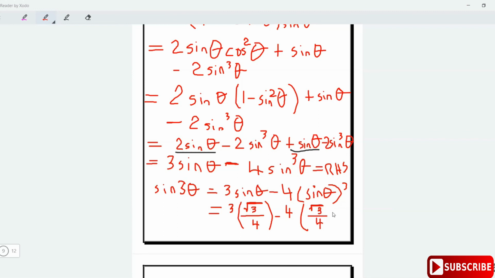So now all we need to do is work this out. Just put that in your calculator. This is 3 root 3 over 4 minus now root 3 cube. Root 3 being cubed is what?